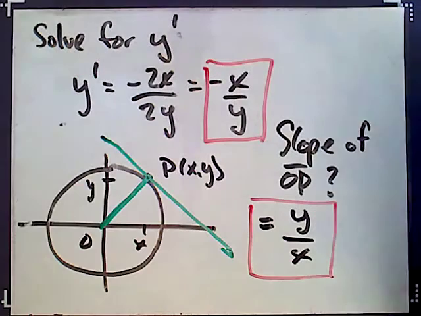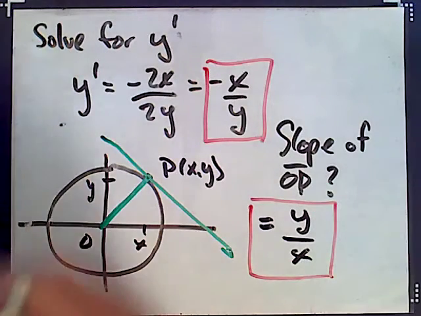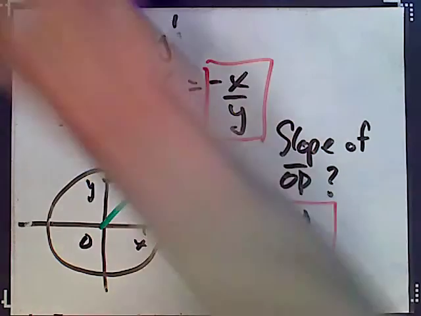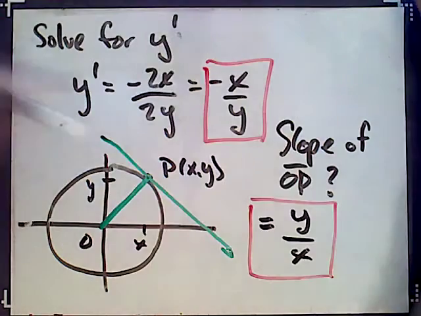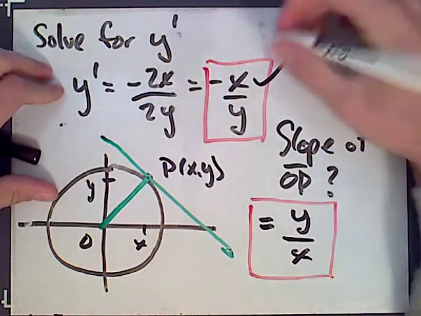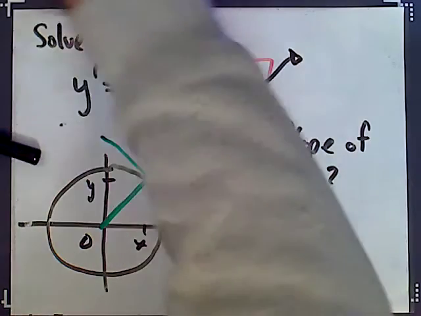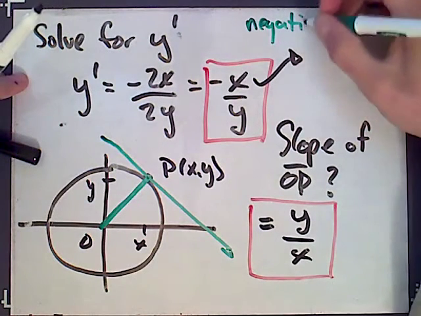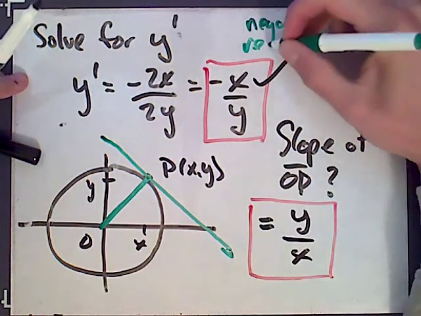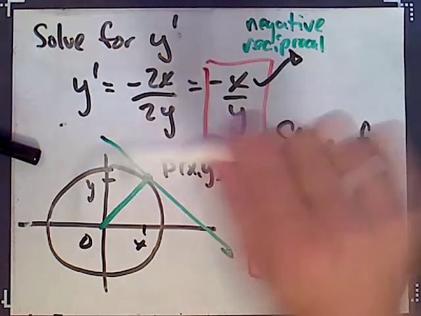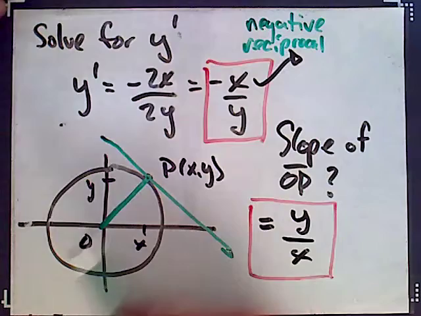These lines are perpendicular if their slopes are negative reciprocals of each other. What do you get when you take the negative reciprocal of negative x over y? That means taking 1 over it and taking the negative of that.